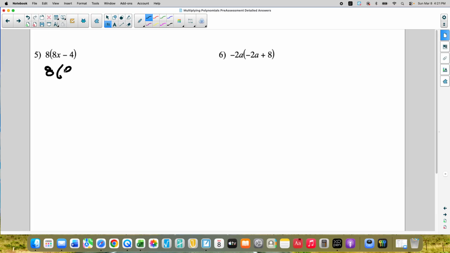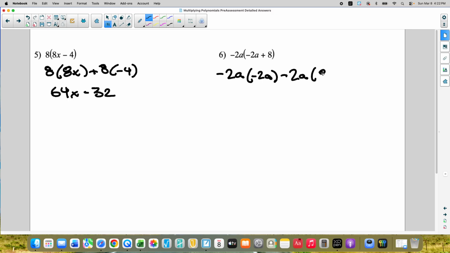8 times 8x plus 8 times negative 4, 64x, negative 32. Now we're distributing a negative 2a times negative 2a minus 2a times 8.